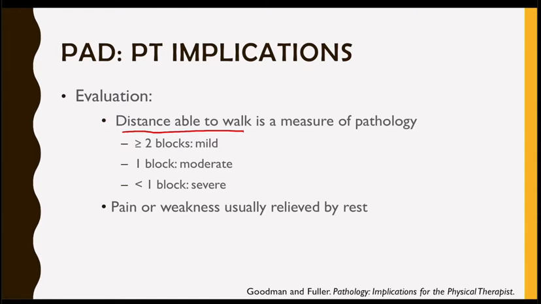If you stop the activity, if you rest, that pain should go away, because with rest, the tissue has decreased oxygen consumption. So as you decrease demand, the supply can now meet it, and the pain or the weakness would go away.